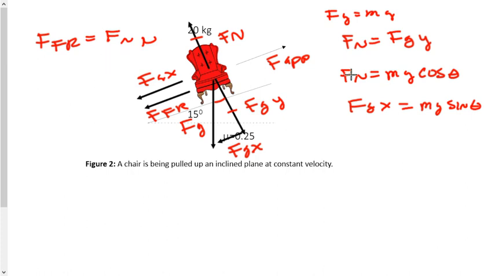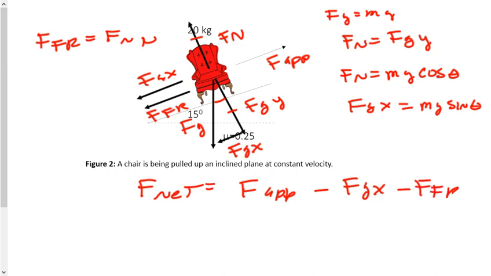In this case, force normal is mg cosine theta. So what is our net force equal to? Force net in this case would be force applied minus force gravity x minus force of friction, because both these forces do go against our applied force going upwards.